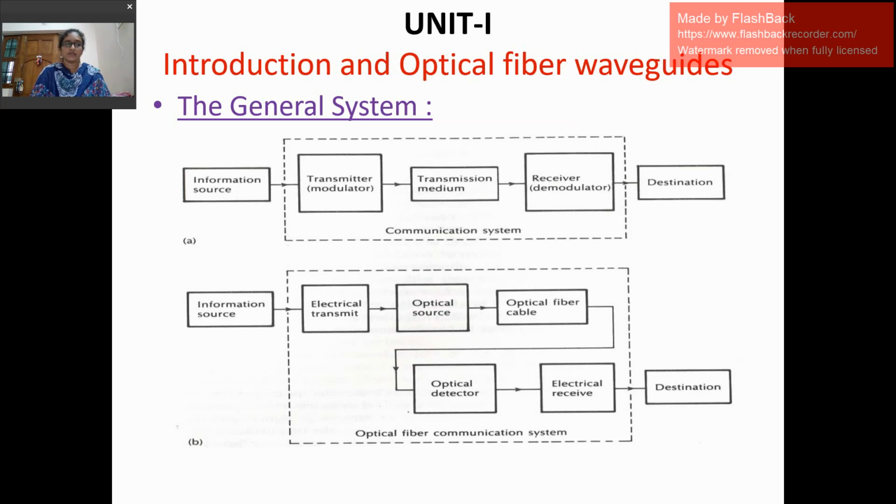The receiver receives the signal in electrical form. In the demodulator section, it converts the electrical signal into non-electrical form, and it is given to the destination.